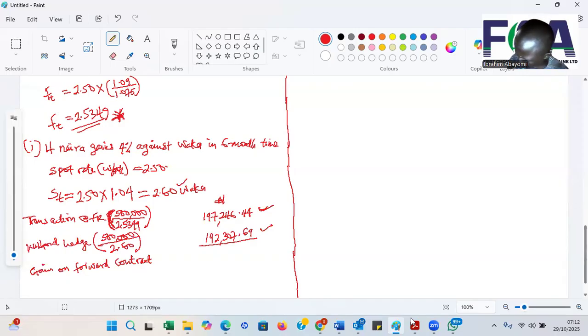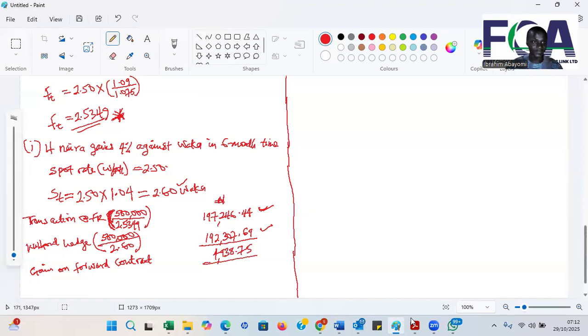So the gain is 4,938.75. That's the gain on the forward contract.